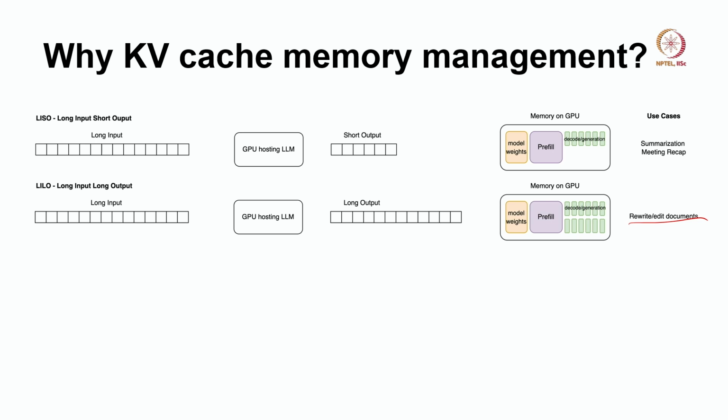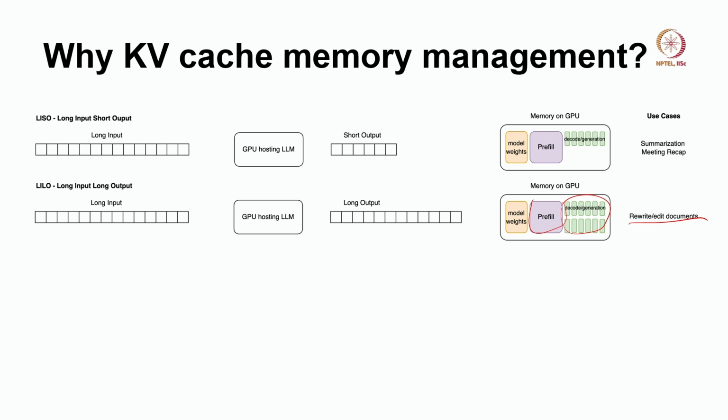In that case, you will put the whole essay as the prefill, and as decoded tokens, you will get a similar number of words as you put in the input. So that's a long input, long output type of request. There the amount of memory required for the prefill is probably as large as the amount of memory required for the decode.